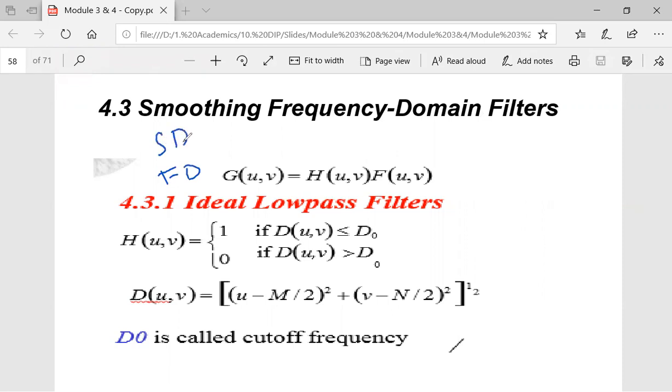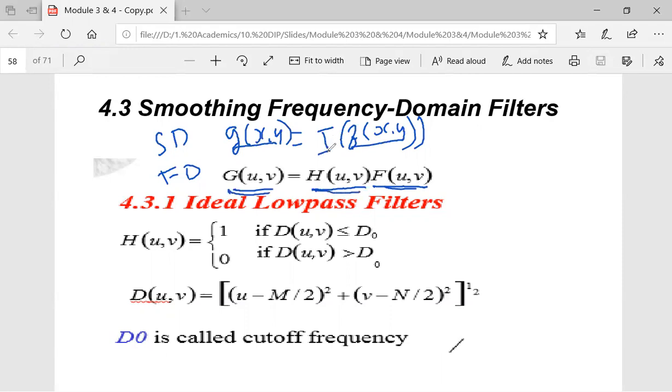In the spatial domain, we used to write g(x,y) = T[f(x,y)]. Here G(u,v) is the transformed image, and H(u,v) is the filter function. F(u,v) is the original. Here f(x,y) is the original, and there F(u,v) is the original. Both g and G are transformed images. The T operator was working on a single pixel, and this is working on multiple pixels.